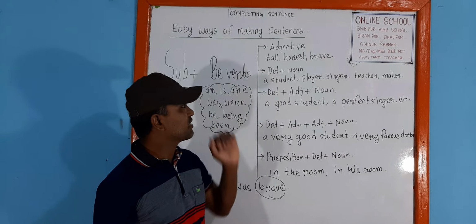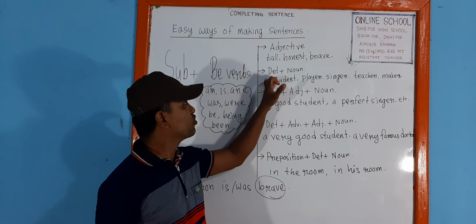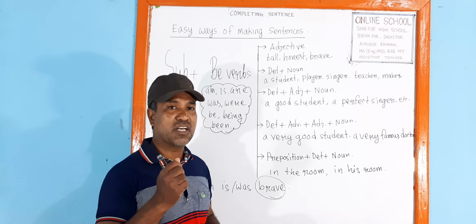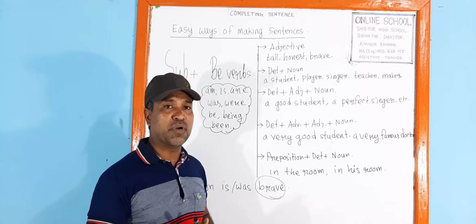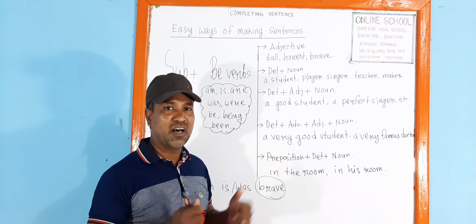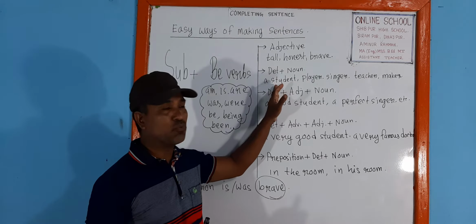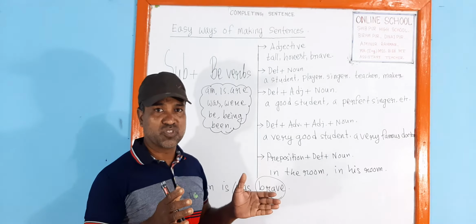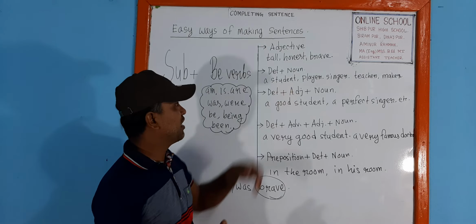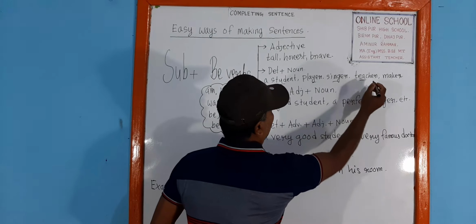Now I want to discuss another matter, that is after be verb we can use determiner plus noun. We know that in my first and second videos of determiner part 1 and part 2, I have given you a clear idea how we can make sentences using determiners. After these determiners we can set up nouns. Please look at this: a student, that's a noun; a player, a singer, a teacher, a maker.